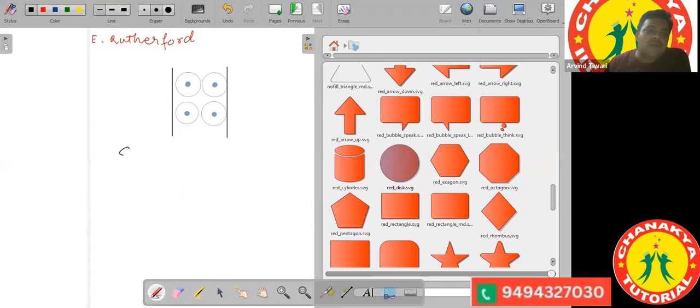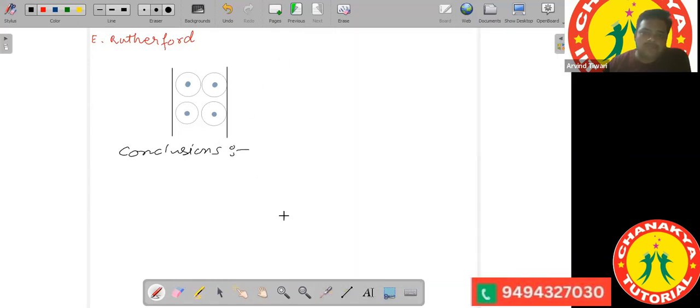So we call these the conclusions of the alpha particle scattering experiment. Now, Siddhisri, can you tell me the conclusions of the alpha particle scattering experiment?